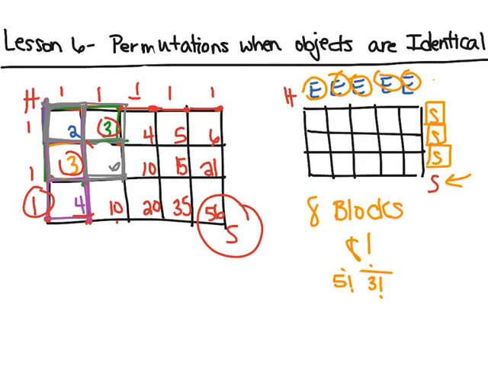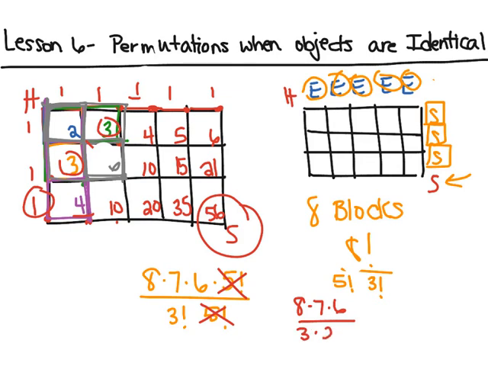So we take our 8 factorial, divide by 5 factorial and 3 factorial. So we have 8 times 7 times 6 times 5 factorial divided by 3 factorial times 5 factorial. Always go with your biggest factorial to cancel it out. So these two cancel out, so we're left with 8 times 7 times 6 divided by 3 times 2 times 1. 3 times 2 makes 6, which cancels this.